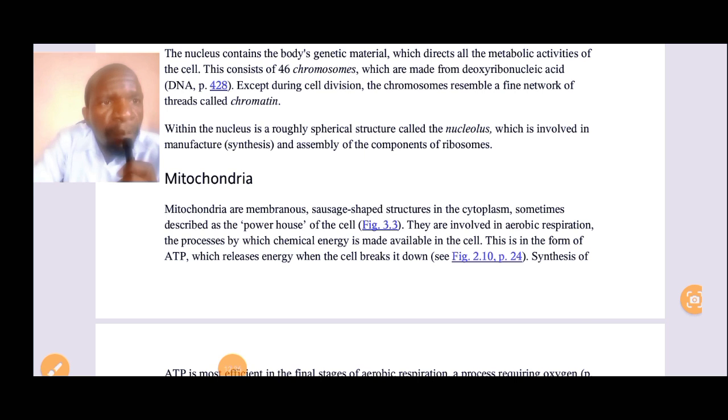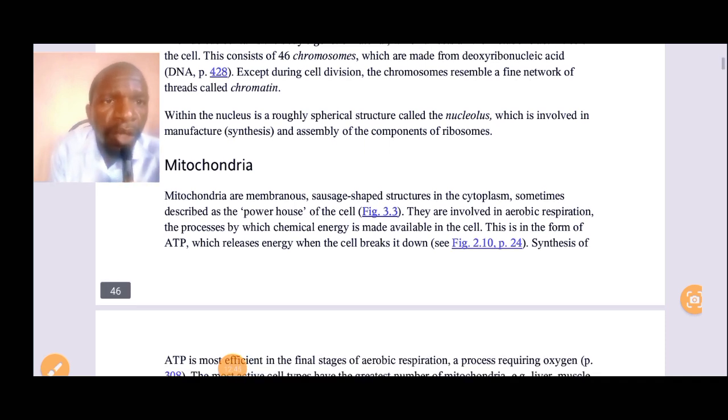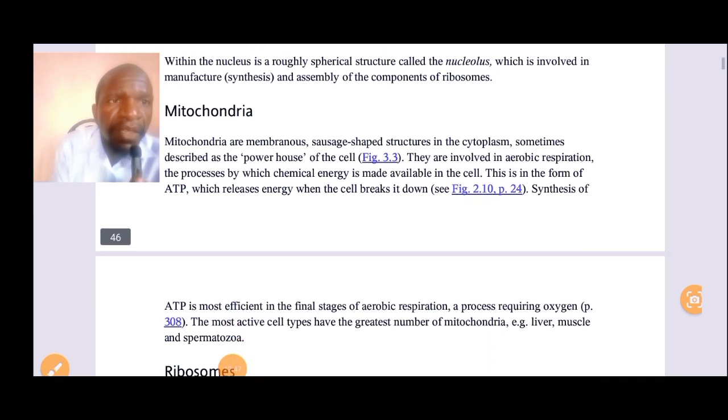They are involved in aerobic respiration, the process by which chemical energy is made available in the cell. This is in the form of ATP, which releases the energy when the cell breaks it down. The synthesis of ATP is more efficient in the final stages of aerobic respiration, a process requiring oxygen.